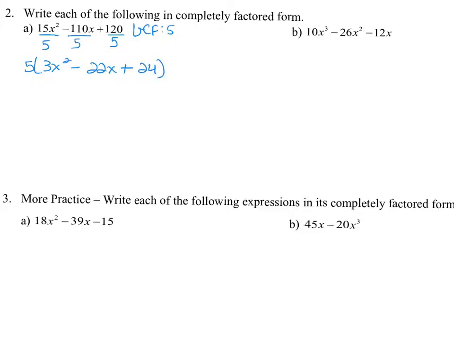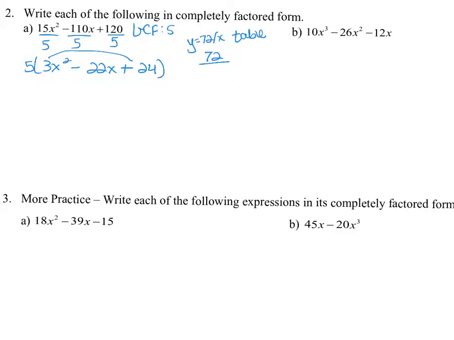Now I'm going to multiply, because I have a trinomial, 3 times 24, which is 72. Now 72 has a lot of factors, and you want the pair that adds up to negative 22. If you need to, in your y equals, type in 72 divided by x and go to your table and look for the pair that adds up to a negative 22.